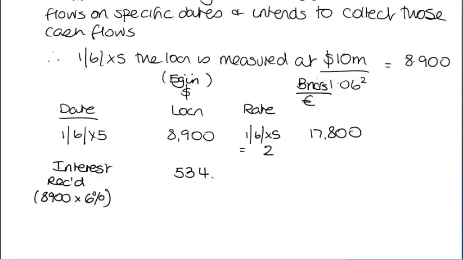But when it comes to Briars accounts, because it's an income statement item, we're going to use the average rate for the year of 2.3. So I've got 534,000 times 2.3, 1228.